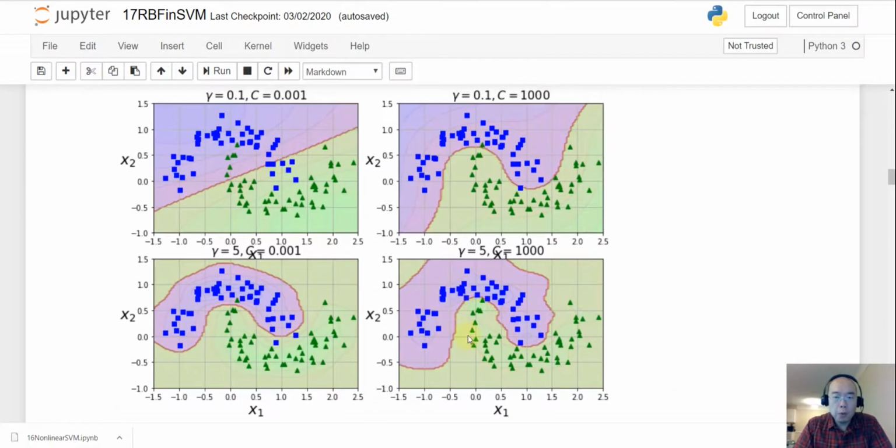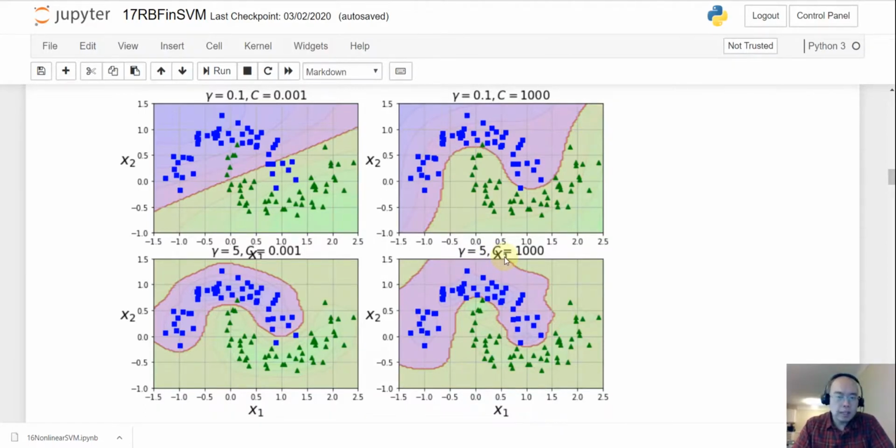And how about the lower right one? For the lower right one, it doesn't make too much sense to me either, even though it is a good classification, and I really hate this part, right? For this corner, why is it classified to be green? It doesn't make any sense to me. So when we are doing a very high gamma and a very high C, remember both of them may contribute to an overfitted model.